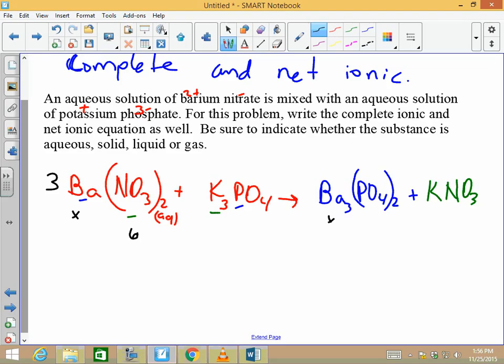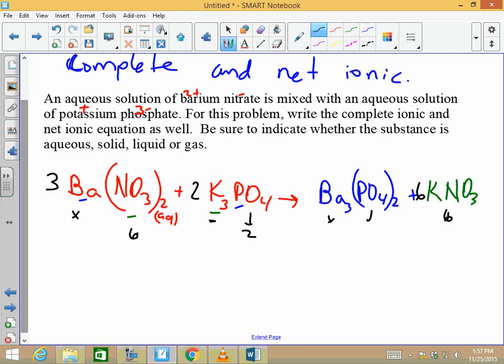But I only have 1 over here, so I'll do times 6 over here. Now I have 6 nitrates on both sides. My potassiums on my left, I have 3 only. If I do this times 2, 2 times 3 gives me 6 potassiums. I have 6 on my right, and phosphate is 2 over here and 2 over there, so that's good.